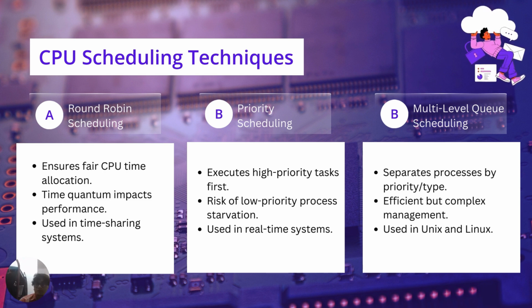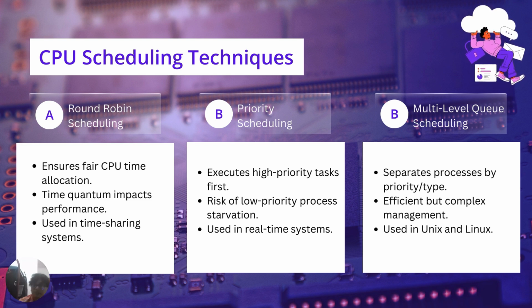The impact on performance for round robin scheduling is to ensure fair CPU time allocation among processes, preventing starvation. And the negative side is time quantum size is crucial. Too large can lead to poor response times. Too small can lead to high context switching overhead.